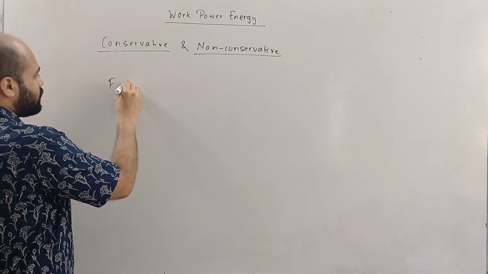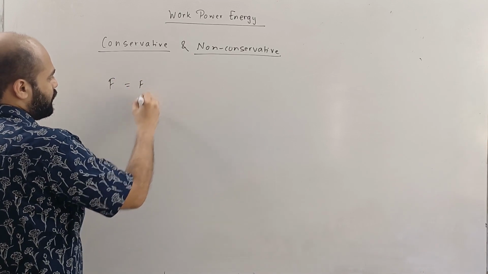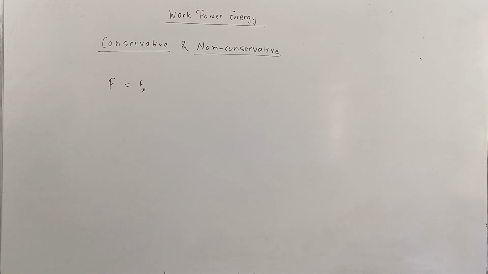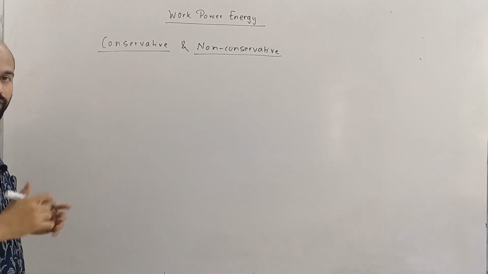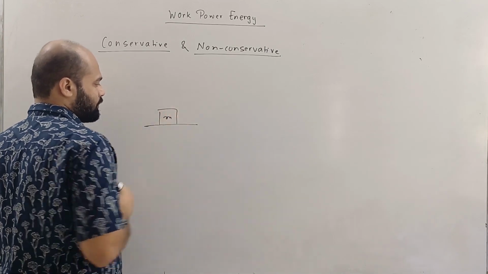Consider a force which is of the type Fx. Let me just give it in a simple way. Let's consider some force which is making a body move. The best example is this.